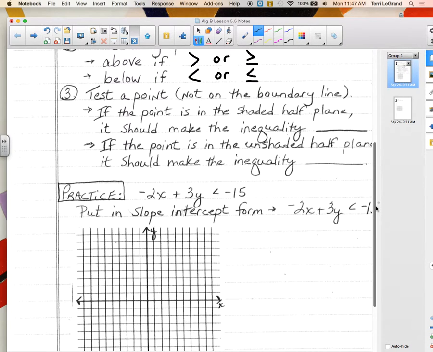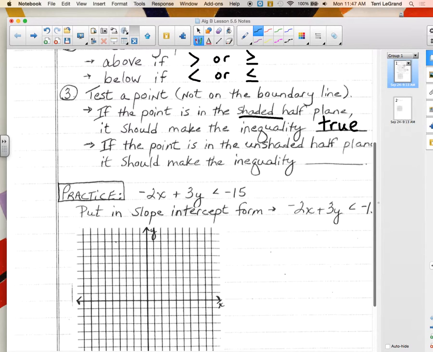If the point you're testing is in the shaded half plane, it should make the inequality true. It better make it true.